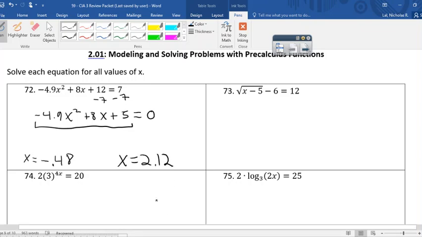To show all work, to find my zeros, I'd use my calculator.